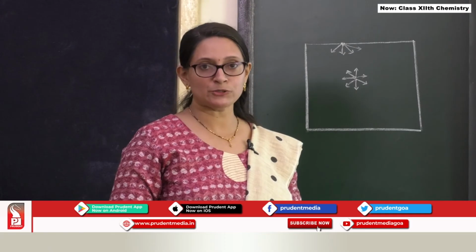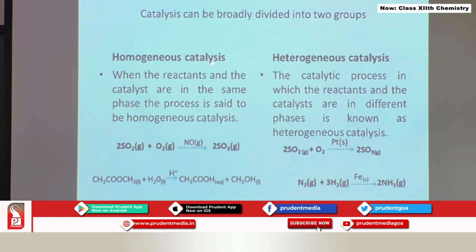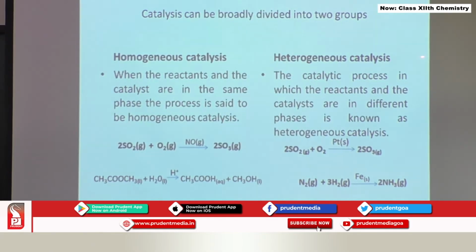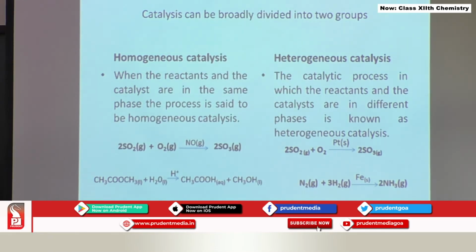There are two types of catalysis, homogeneous catalysis and heterogeneous catalysis. What is homogeneous catalysis? When the reactants and catalyst are in the same phase, the process is known as homogeneous catalysis. You see here in the example, both the reactants sulfur dioxide and oxygen are gases.